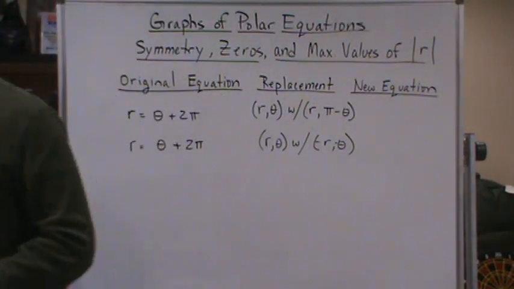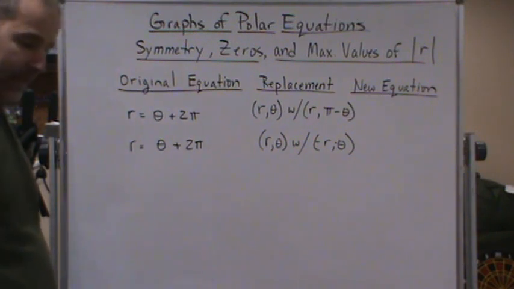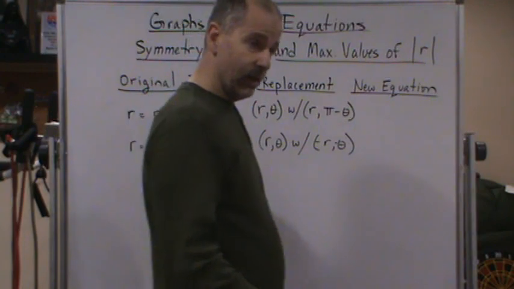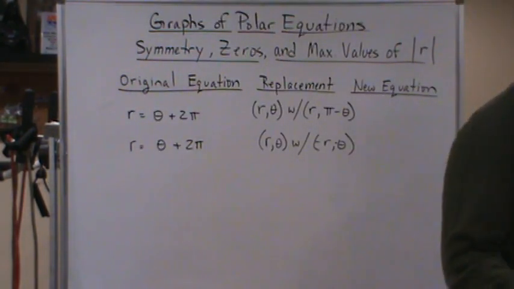And so the reason why I bring that up is it is important to realize that the tests for symmetry in polar coordinates that we listed in the previous video are sufficient to guarantee symmetry, but a graph may have symmetry and not pass those tests.